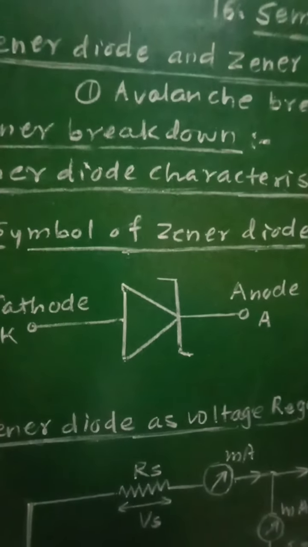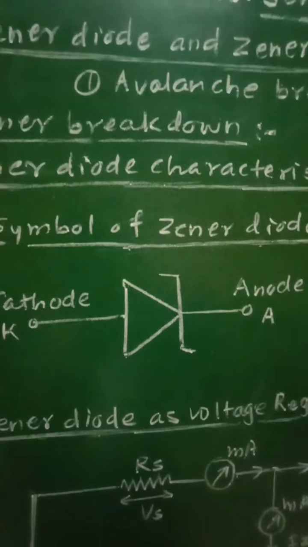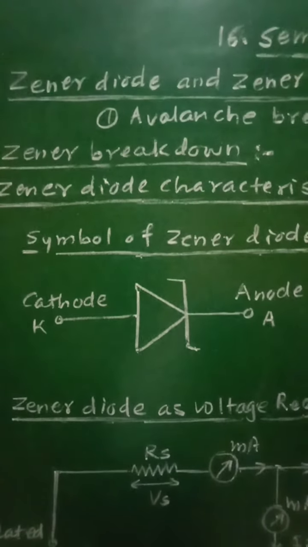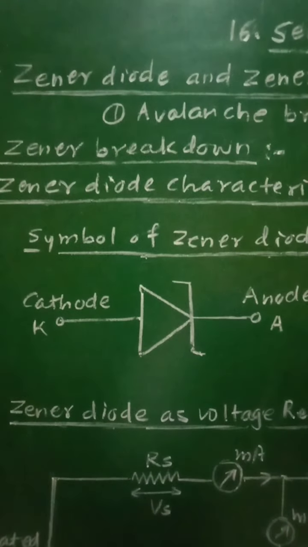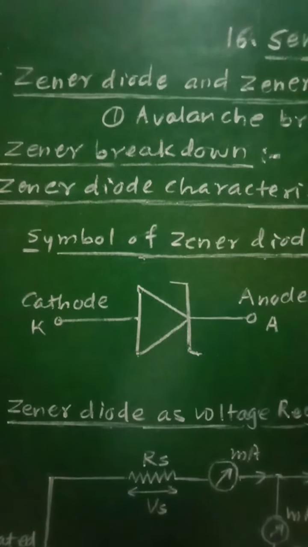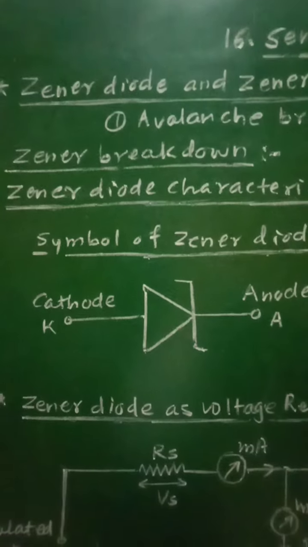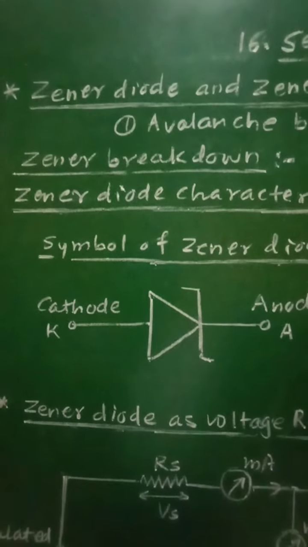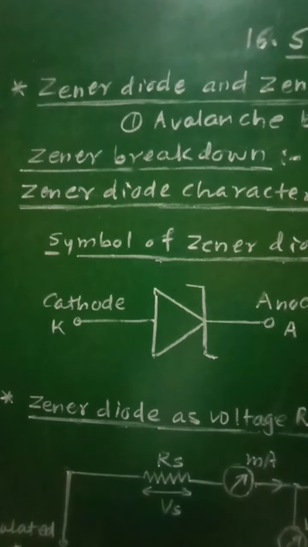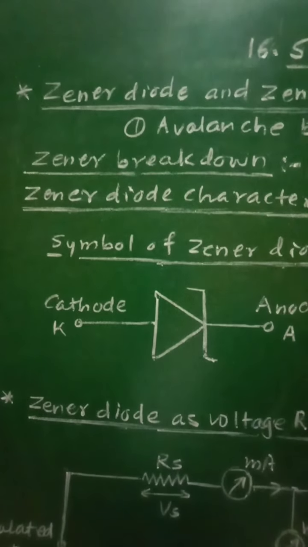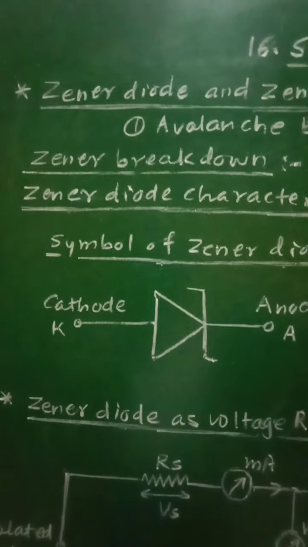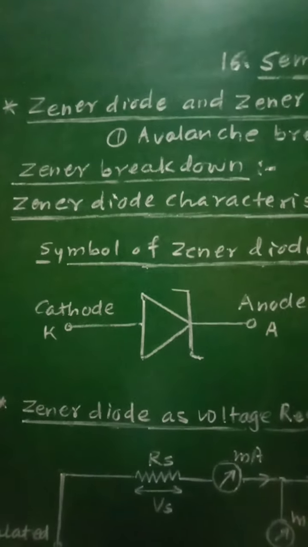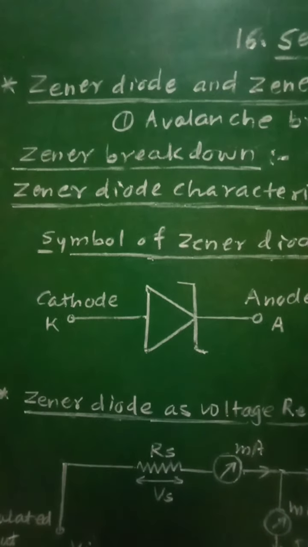So when any PN junction diode is heavily doped and its depletion layer is narrow, at that time Zener breakdown will take place. As soon as there is a sudden increase in the current, when a large amount of current flows, after that the voltage will remain constant across that PN junction diode. So this is regarding Zener breakdown.